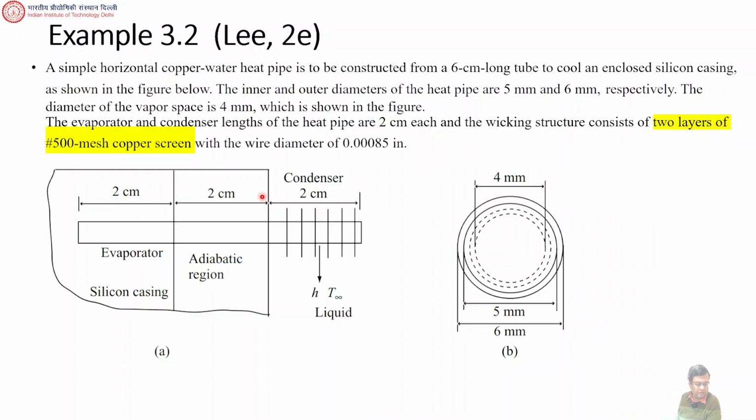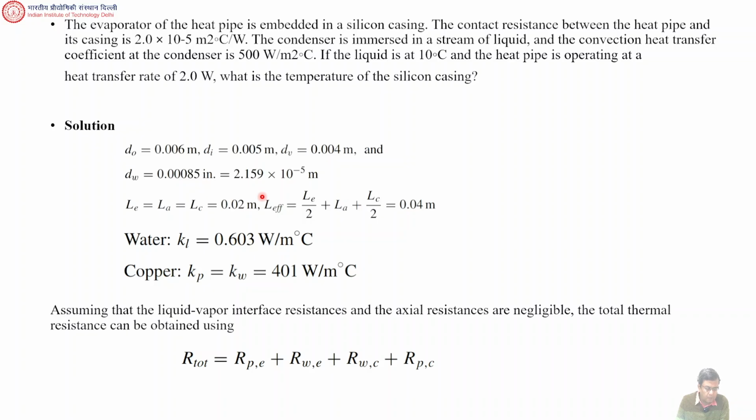The wick structure has 2 layers of 500 mesh copper screen. The 500 mesh means that these meshes have certain numbers, so 500 mesh will mean a certain pore size. What do we want to get?